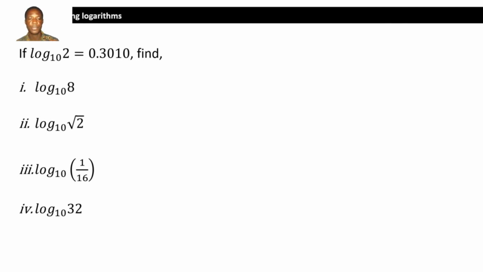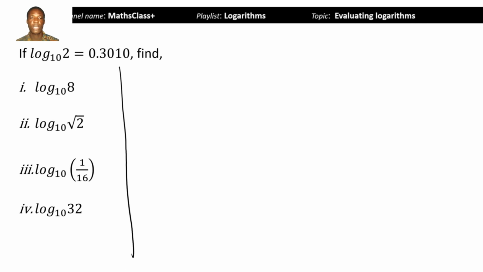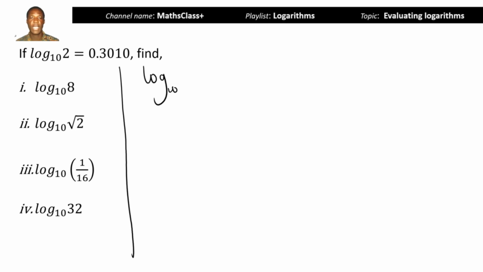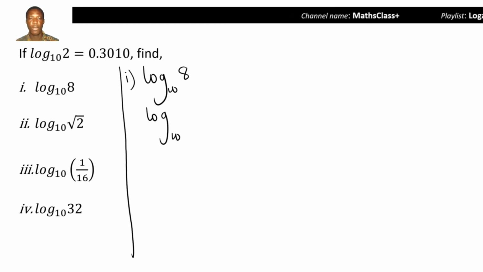Okay. We take our next set of examples. If log 2 to the base 10 is equal to 0.3010, we have to find the first one, that is log to the base 10 of 8. Our first example, and we can write this as log to the base 10 of 2 to the power 3, which becomes 3 multiplying log 2 to the base 10.